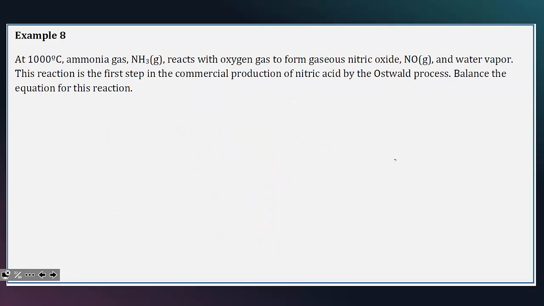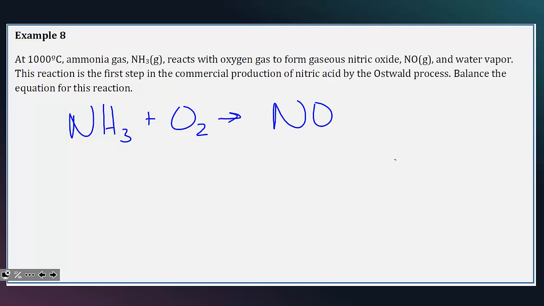Example 8 says ammonia gas reacts with oxygen to form nitric oxide and water vapor. Balance this reaction. So ammonia and oxygen form nitric oxide and water vapor. To balance this reaction, we set up our atom inventory.